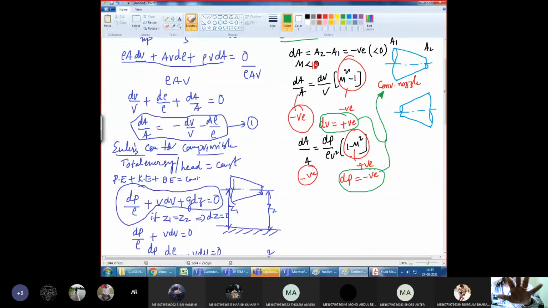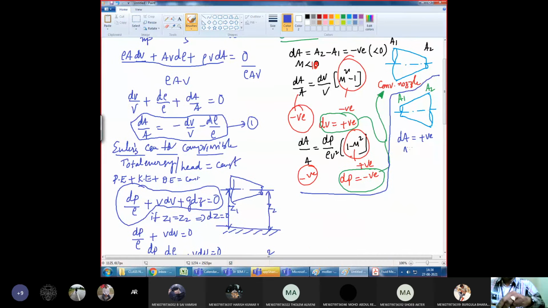Now we will see the second cross section. This is the second cross section. This is A1, this is A2. Very, very important. Please ask me if you have any doubt. Now, what is the dA value for this cross section? Positive. And I am discussing for which type of flow? Subsonic flow.